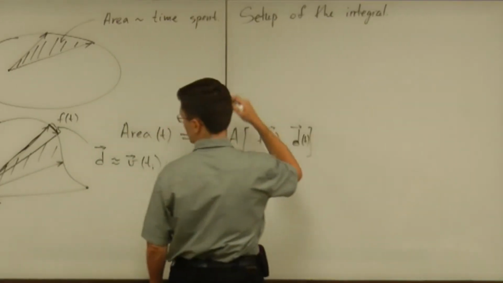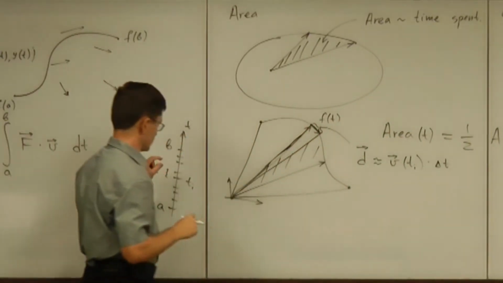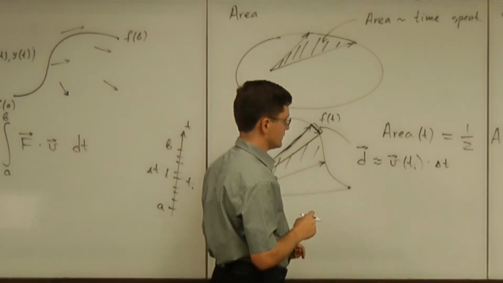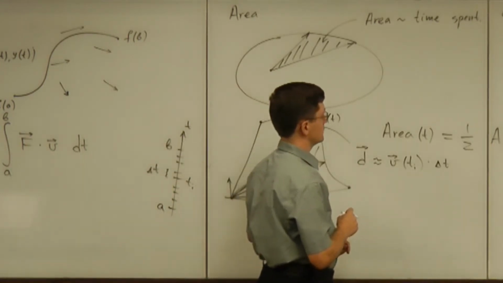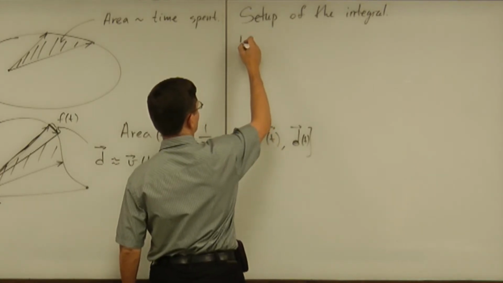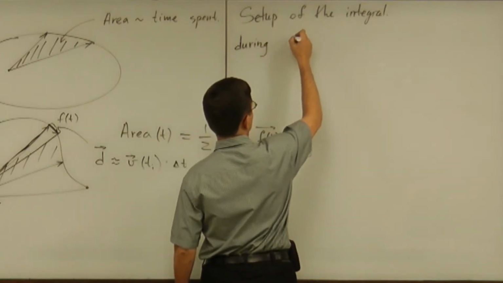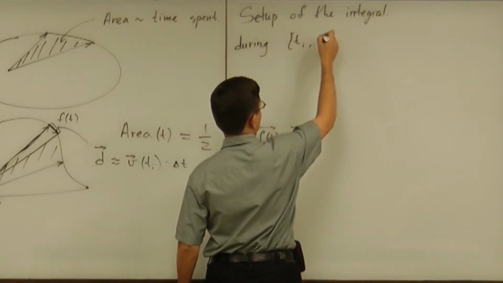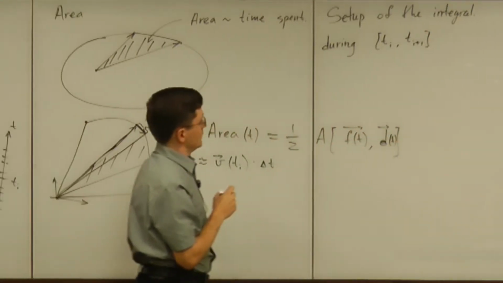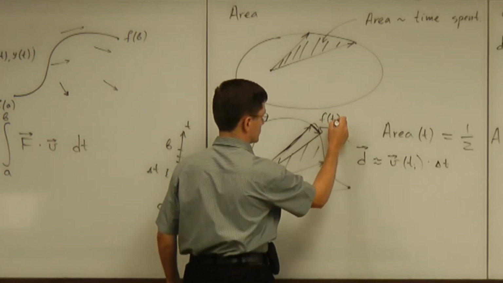And then you look at one of the intervals. So during that interval, the interval from ti to ti plus 1, what is it that we observe?